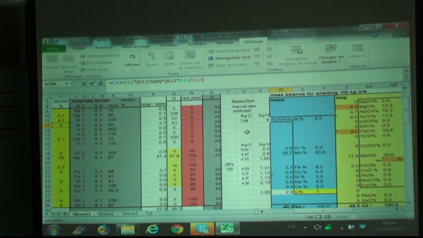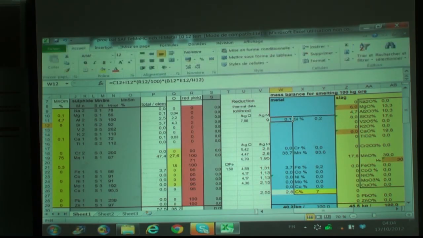So, and this gives 0.1 kilo. It's actually 0.07 kilo silicon. Silicium, metal, silicon, metal.